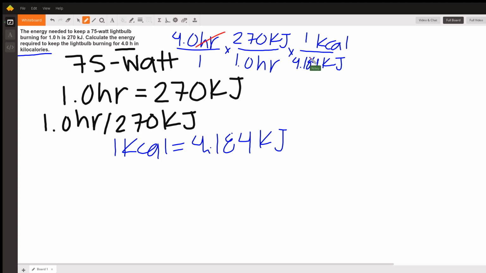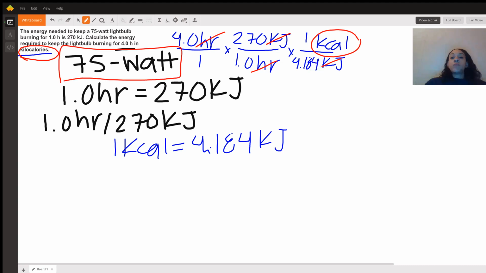So then we just make sure everything cancels out. We are left with kilocalories, the value that they want, and see the 75 watts. Sometimes if we're trying to convert maybe to time, like 1 watt is equal to 1 joule per second, that is needed, but here they just gave it to us as extra information, so don't let that intimidate you.